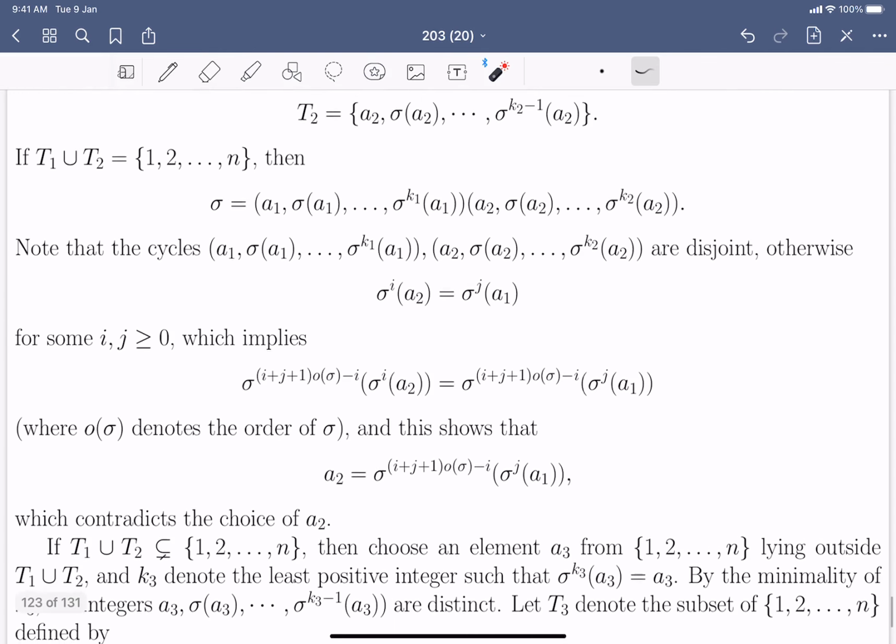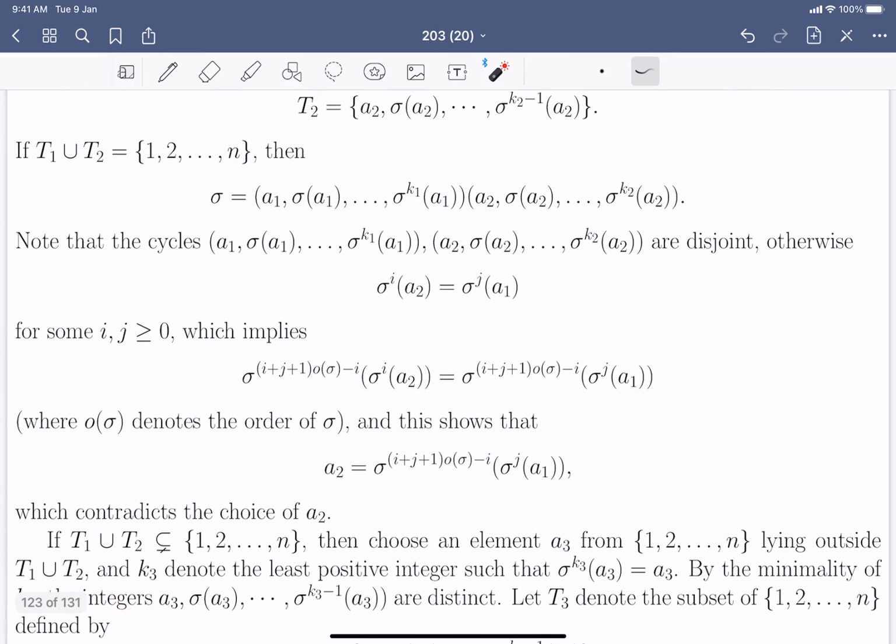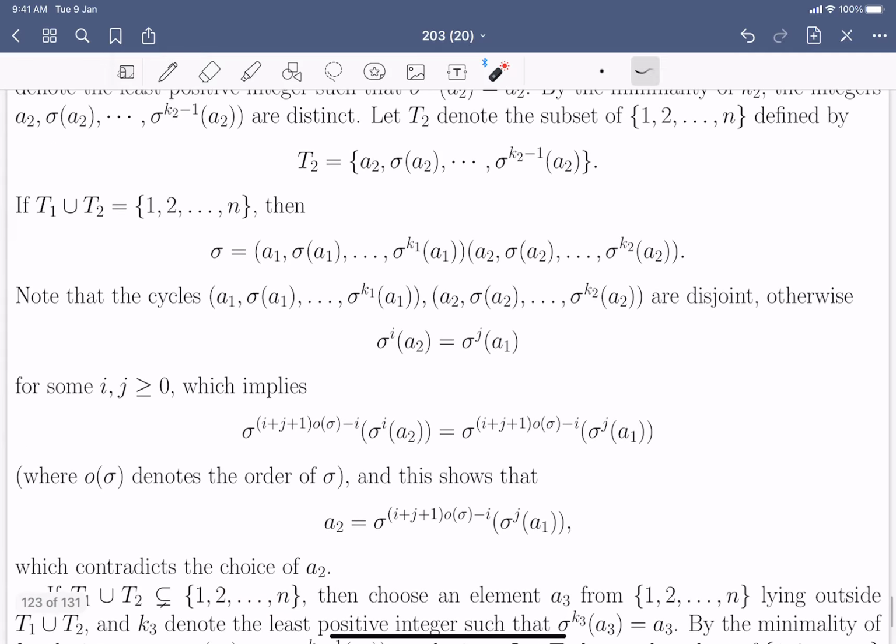And from this you could obtain that a2 can be seen as an image of a1 under some power of sigma, and that will contradict the choice of a2, okay. So this shows that these two cycles have to be disjoint.